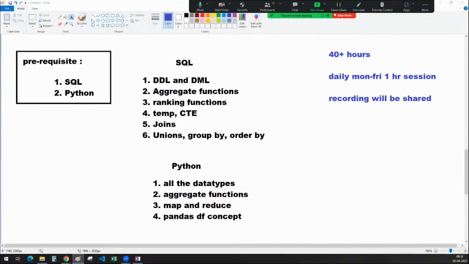I cover what the data is, what the classification of data is, what is meant by structured, unstructured, and semi-structured data, and the types of databases available: DBMS, RDBMS, and NoSQL databases. So from the very basics to the advanced level where we will be able to automate the data pipelines.